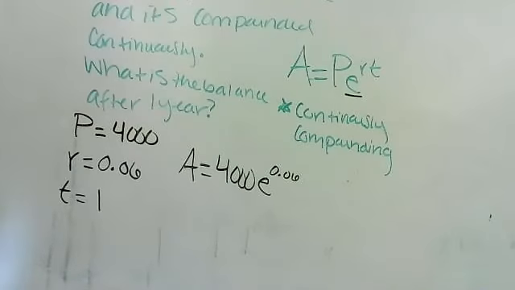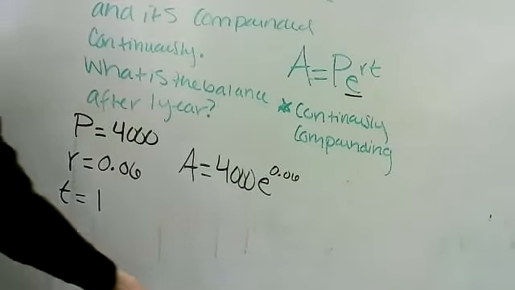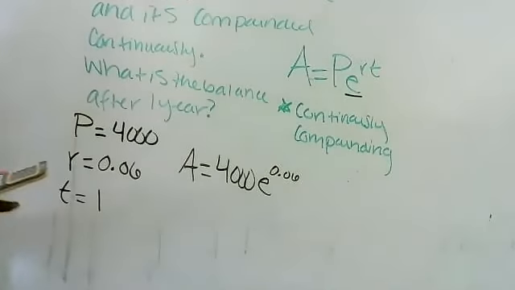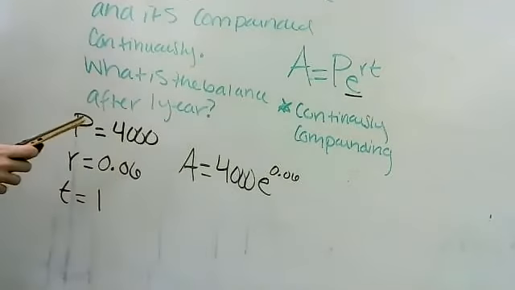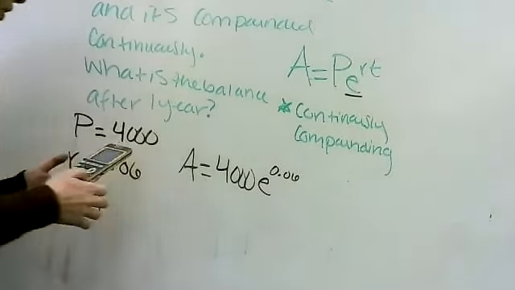Okay. So let's plug this into our calculator now. Again, do we all remember how to find that E button? You go second division. So you type in your 4,000, and then you go second division to pop up an E. It should look just like it does here.